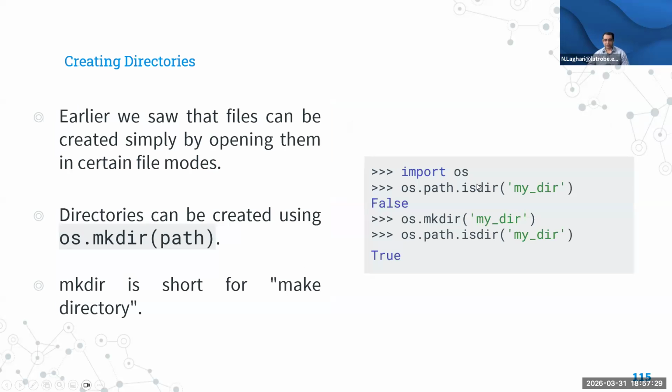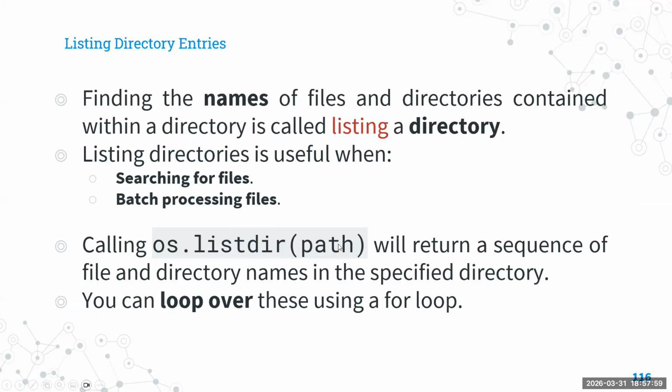Creating directories, you can create directories. So os.path.isdir my dir. You first want to find whether this directory is existing. If not, then mkdir or make directory function could be used to make the directory. Okay, and then you can try finding whether this is a directory or not, and it returns true.